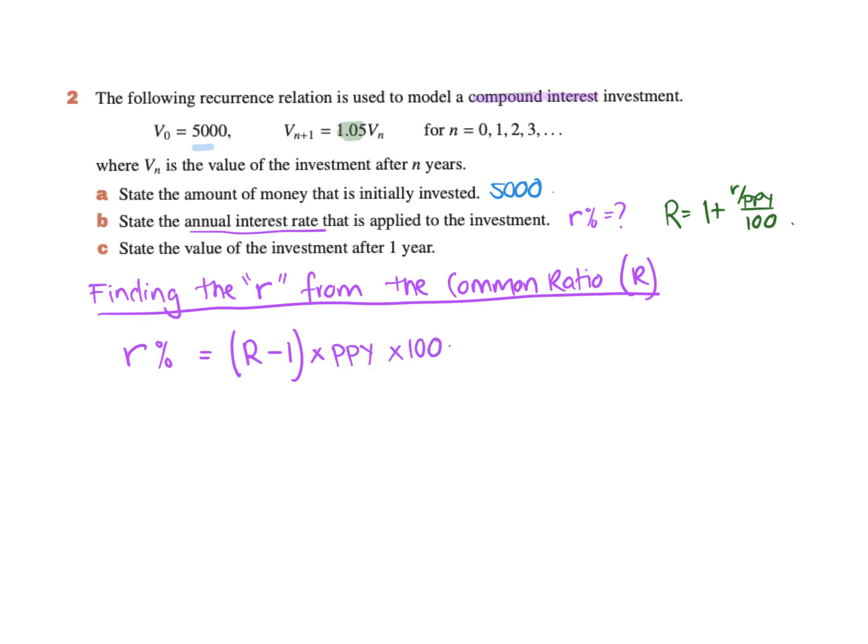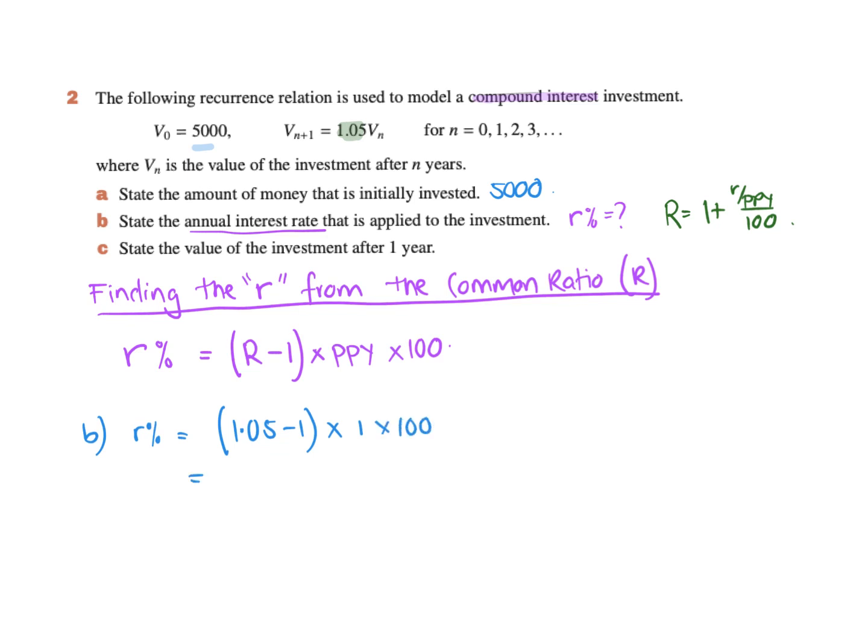So in our little example up here, example B, if I'm trying to find the little r percentage, I'm going to do the big R, which is 1.05, minus 1, and then times it by PPY. This is just yearly, so PPY was 1, and then by 100.